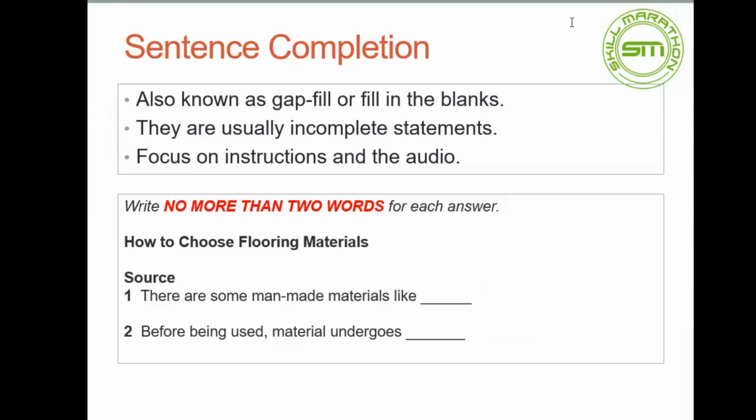Okay, so what I'm going to do is, like yesterday, I'm going to share a sentence completion question type with you guys on the group, and then we'll go through the questions and then I will play the audio clip for you at my end, okay?